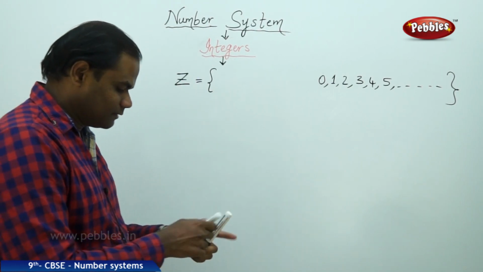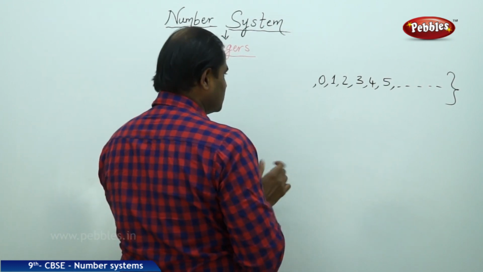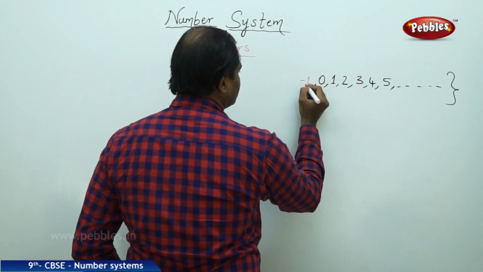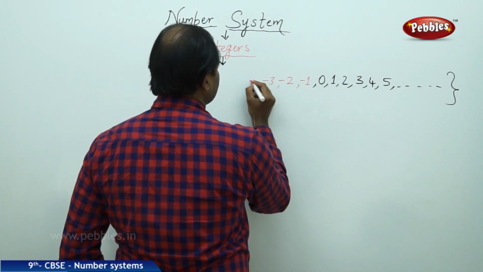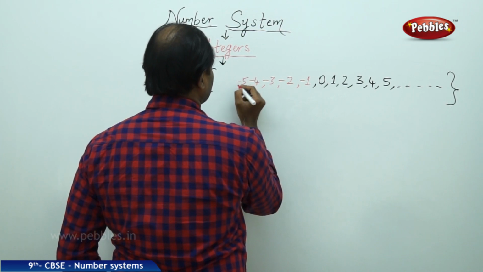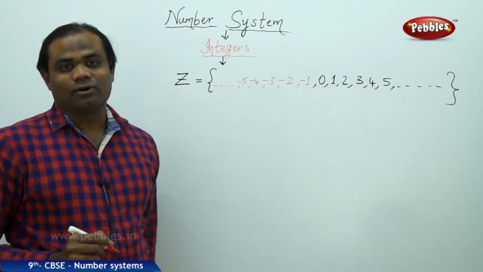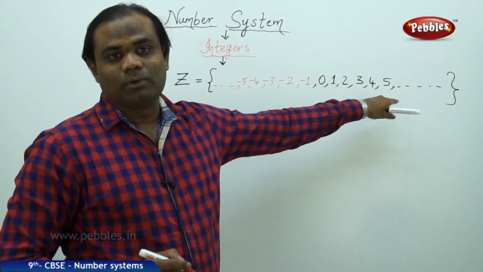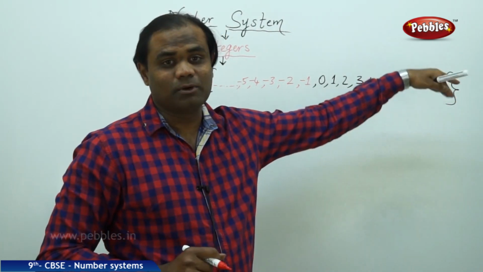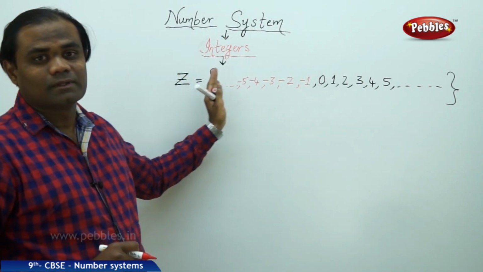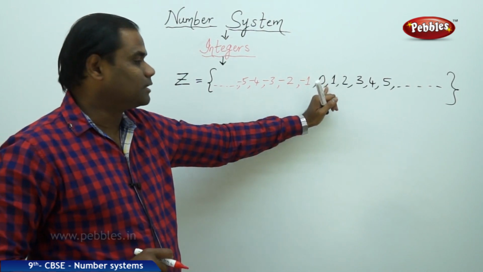Say for example, I have all the positive numbers on the right side, then I have all the negative numbers on the left: minus 1, minus 2, and so on. This is how we frame the complete set of integers, with the right side being the natural numbers with positive sign, and the left side being the natural numbers with negative sign, divided by 0.